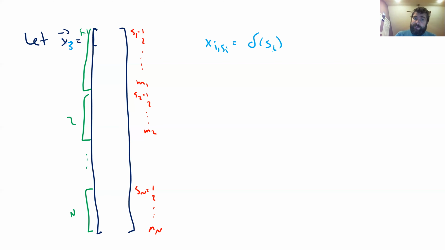Now, what do we mean by that? We mean that this is going to be 1 if s_i is the position that we're at, and 0 otherwise.